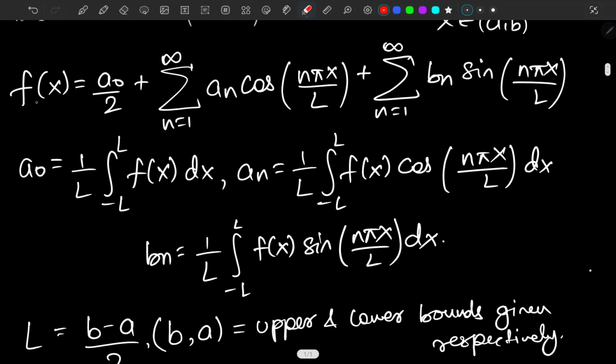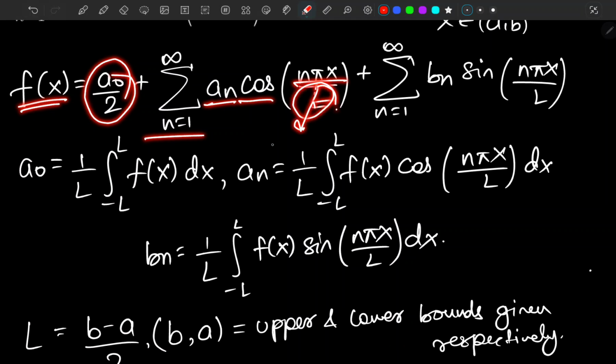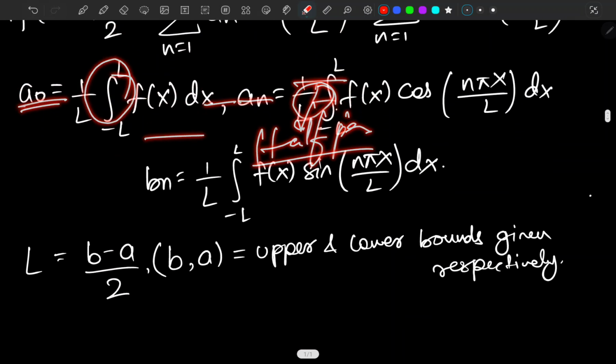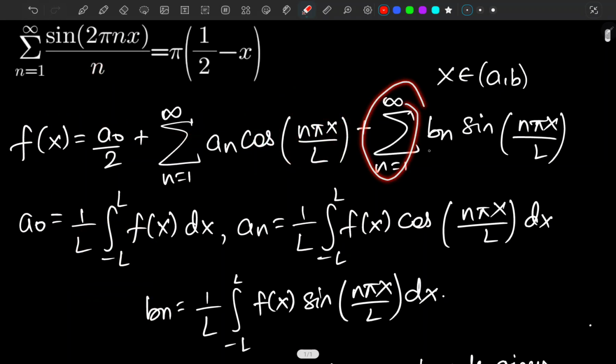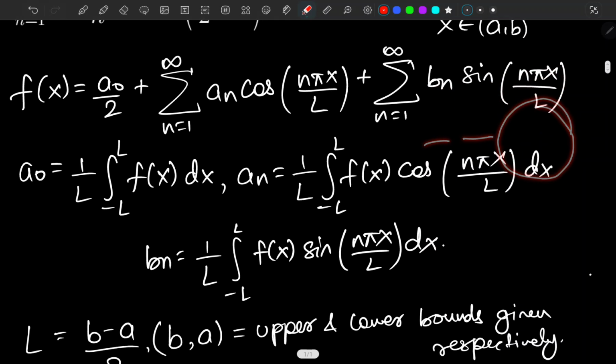So basically f of x can be represented as a naught over 2 plus this sum as n goes from 1 to infinity of a sub n times cosine of n pi x over l, and l is the half period actually. We'll talk about that later. And plus this sum as n goes from 1 to infinity as well, b sub n times sine of n pi x over l.